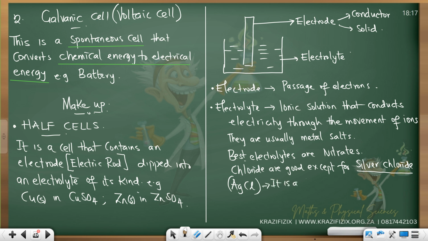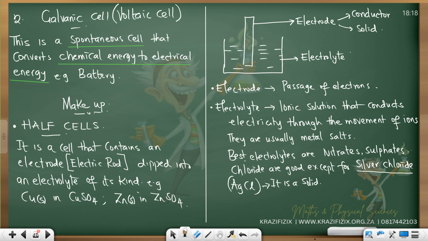It is a solid, so silver chloride is not good. Once you see silver and chlorine, please take note. If an examiner asks you for an example of an electrolyte, use nitrates, NO3, then you are safe. We can also add sulfates, which are also good. Nitrates are usually the best.